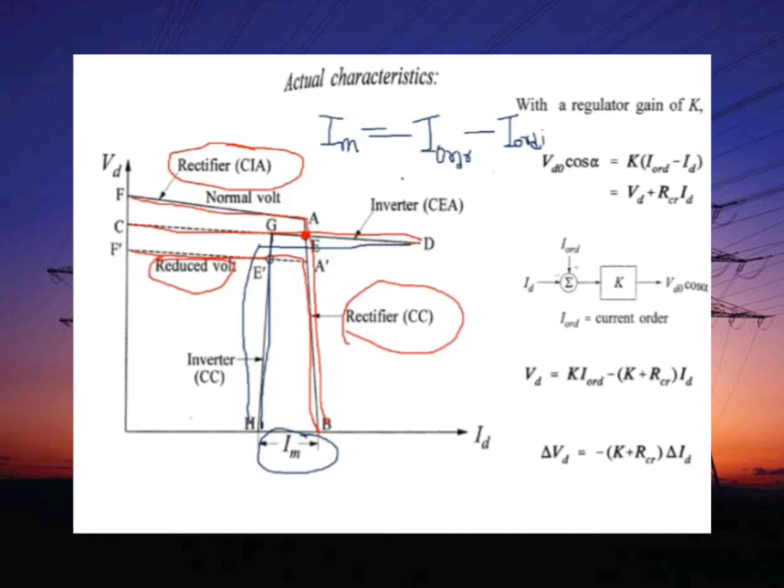It is usually set at 10 to 15% of the rated current, so as to ensure that the two constant current characteristics do not cross each other due to error in measurement or other causes.